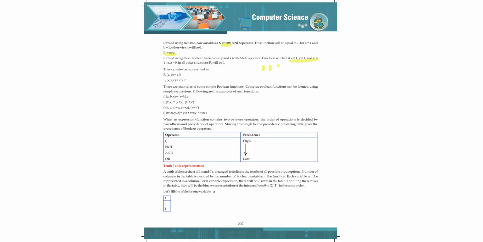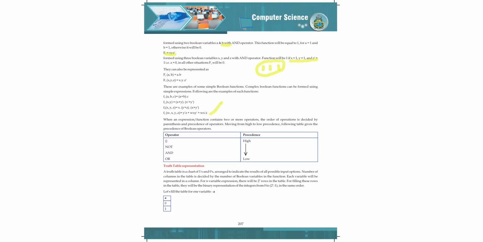That means z is equal to 0, but the function says we have to take x, y, z bar. So if you use these three operands, we will see the table when you come to know how this will work. 1, 1, 1 equals 1. These are examples of some Boolean functions. Okay, have a look at them.